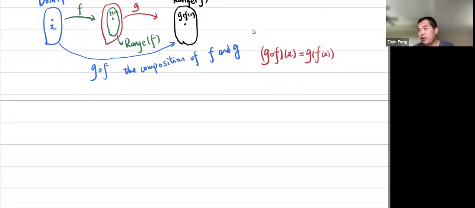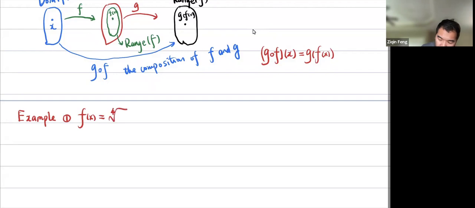Okay, so our example here is given two functions. The first one is f of x equal to the fourth root of 8 minus x cubed.